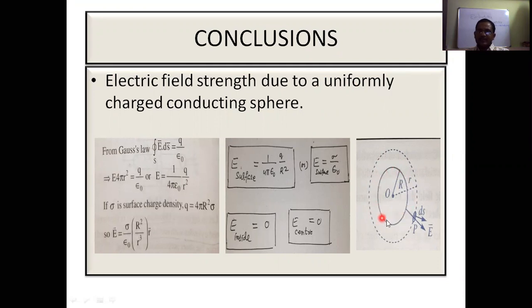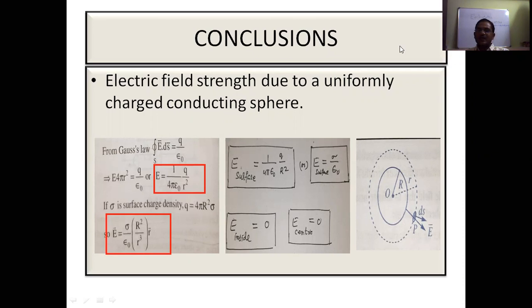Charge resides on the surface only; it will not distribute inside the sphere. For an external point, field strength is E equal 1 by 4 pi epsilon naught Q by r square. In terms of sigma, E equal sigma by epsilon naught times capital R square by small r cube into r bar.